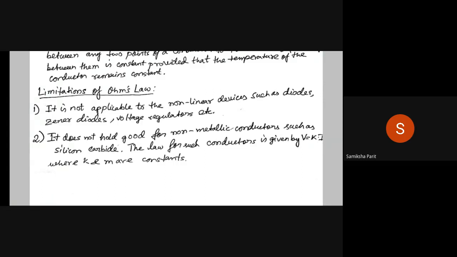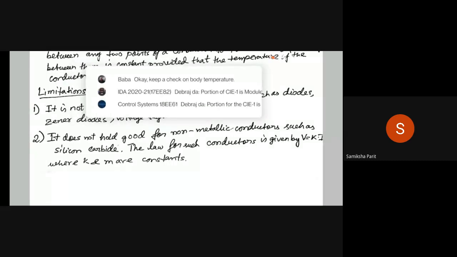So in the case of a material like silicon carbide, it does not hold good, because those are non-metallic conductors.